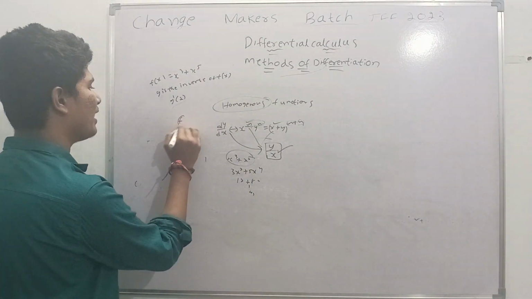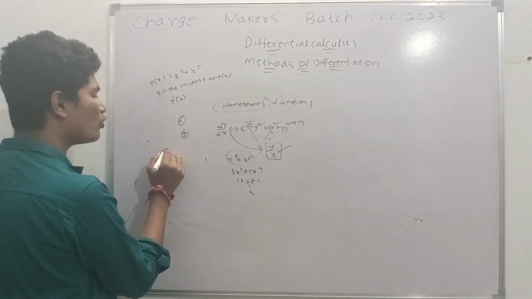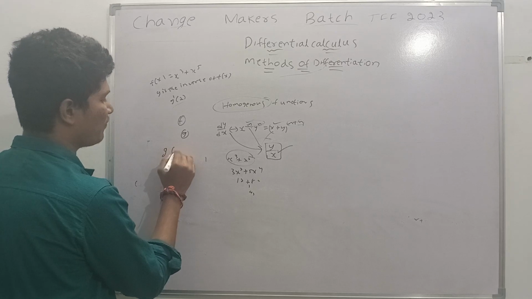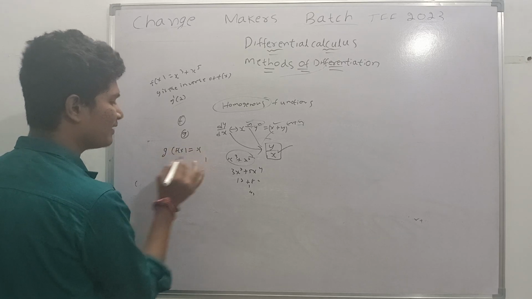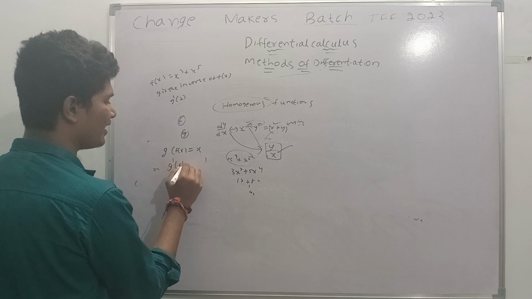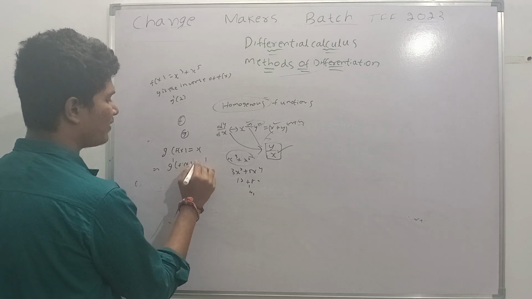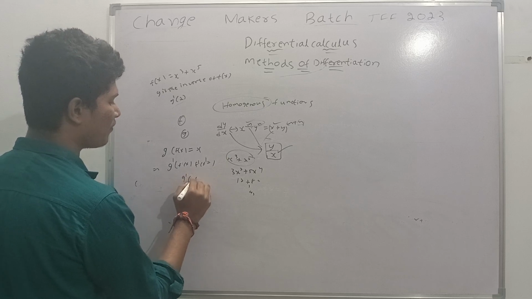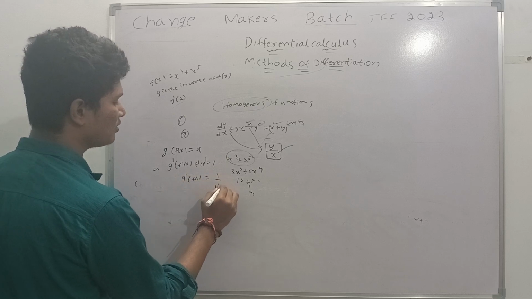If f is a function and g is the inverse of f, we have to write it like this: f of g of f of x equals x. It is true now. You have to differentiate: g dash of f of x into f dash x equals 1. So g dash of f of x equals 1 by f dash x.